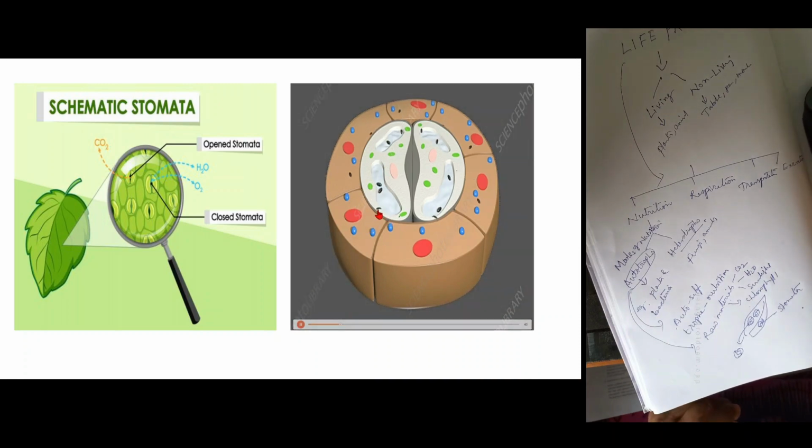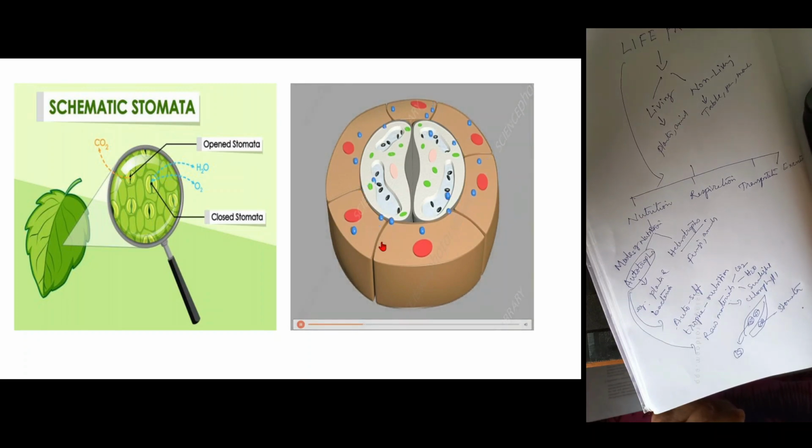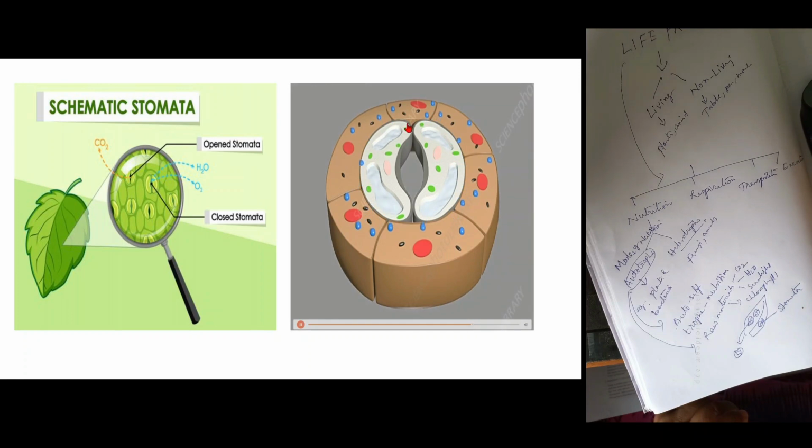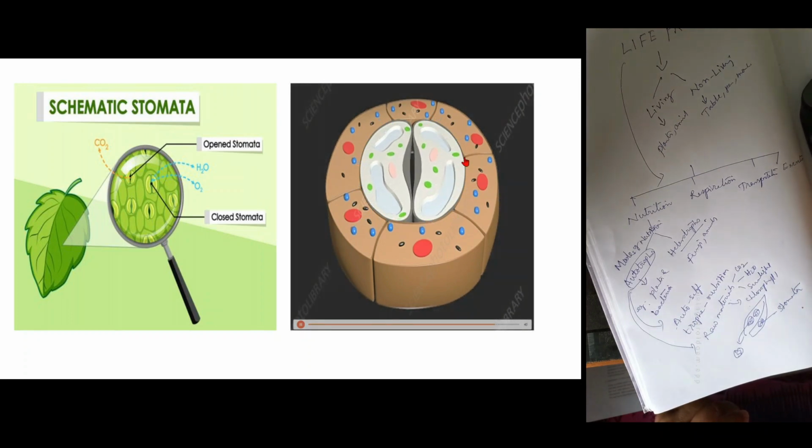Here you can observe how the water is entering inside, and when the water enters, the guard cells swell. When it swells, turgid we say, it opens the pore. This is called the opening of the stomatal pore. Due to this, the water is going out. This process is called transpiration.